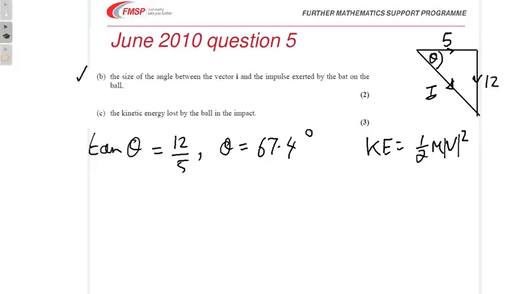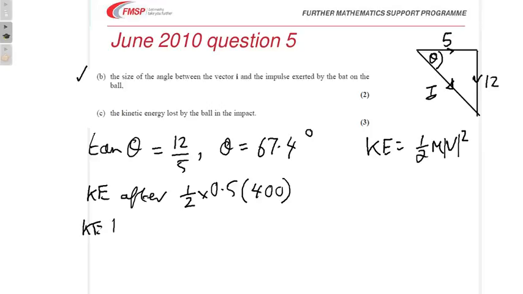So the KE after was a half times 0.5, the mass is 0.5, times 400, and the KE before was a half times 0.5 times 10 squared plus 24 squared, the magnitude of the initial velocity, because it was 10i plus 24j.